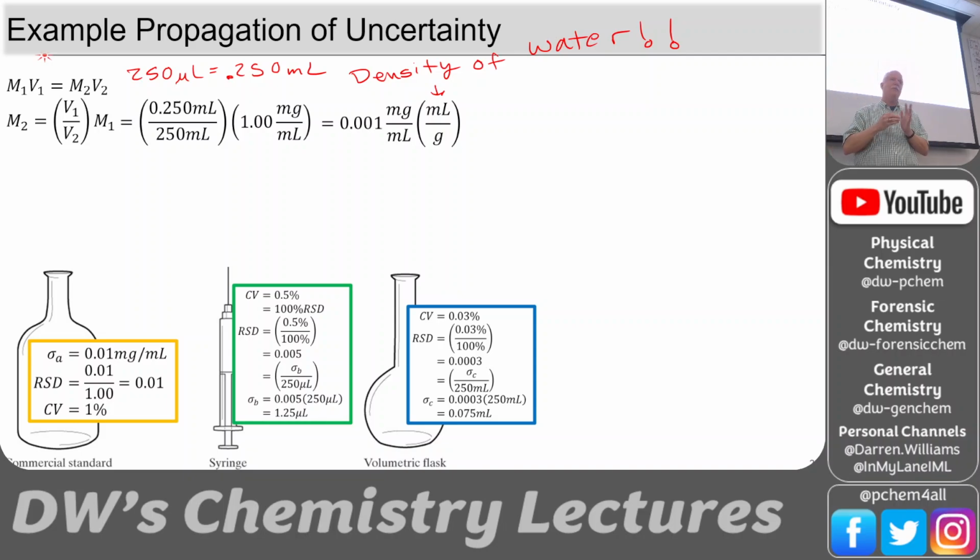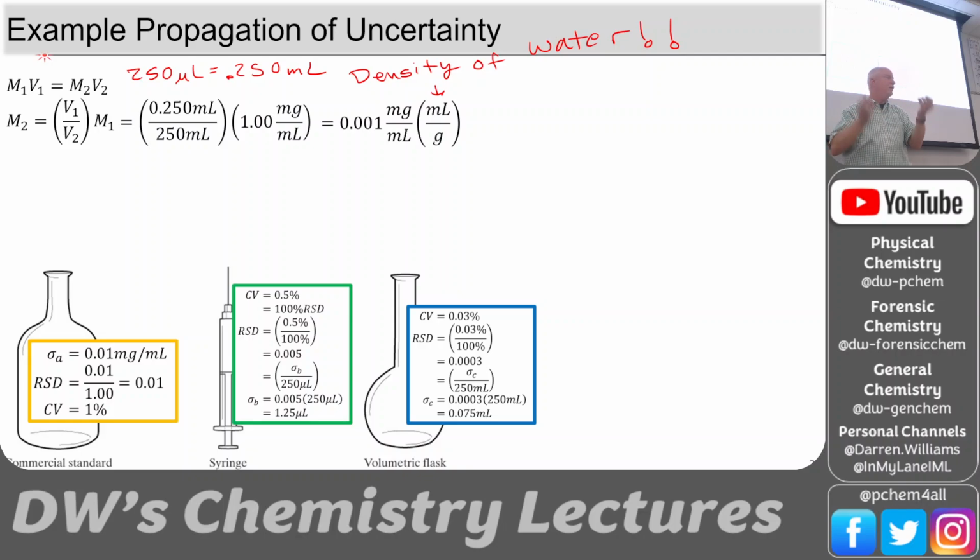And so this is parts per billion by mass. If it was not stated, it's assumed, but it's parts per billion by mass. And so we need a mass on top and a mass on bottom. We can't have milligrams per milliliter because the milliliter is not a mass. Okay, we've got a mass and a volume, and we don't want to do that in terms of percentages or parts per billion or percent by mass.